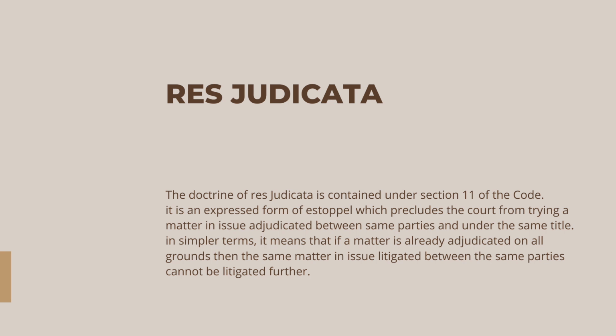In simpler terms, it means that if a matter is already adjudicated on all the grounds, then the same matter in issue cannot be litigated between the same parties under the same title.